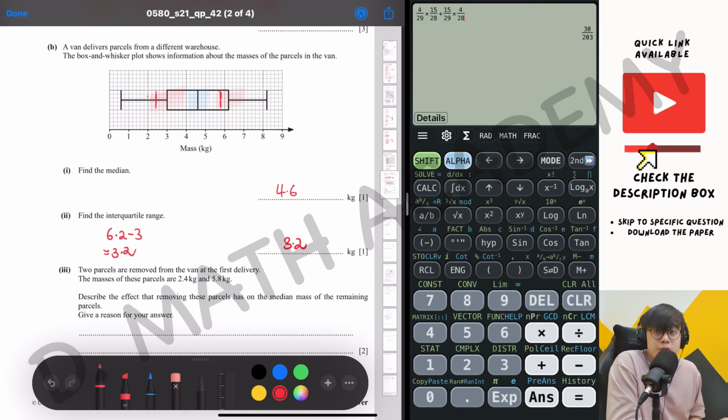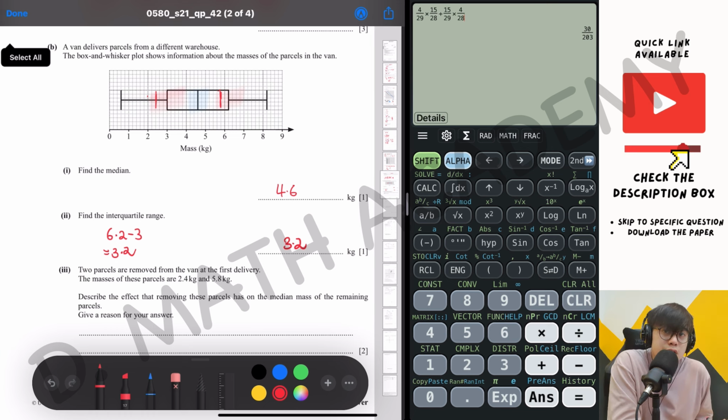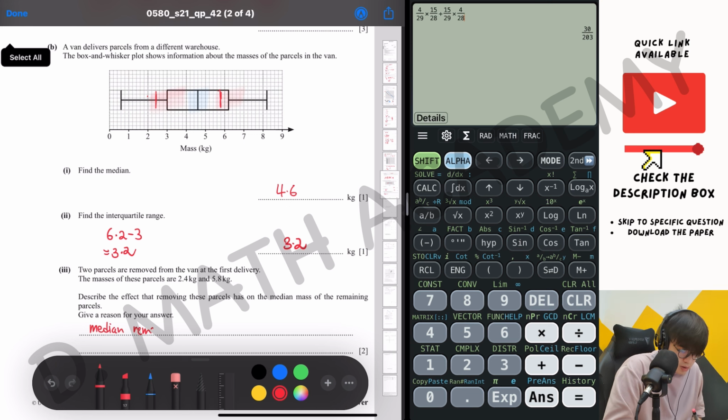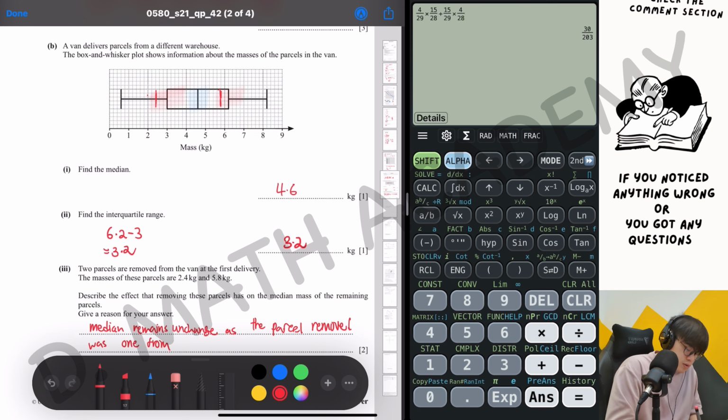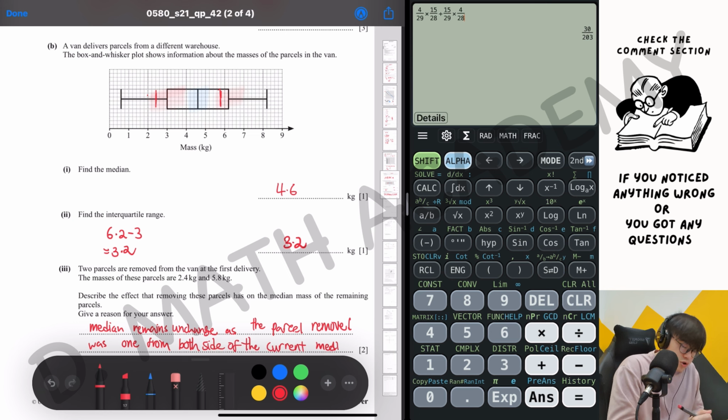So one from each side of the median, so the median shouldn't be affected. So this should be the final answer.